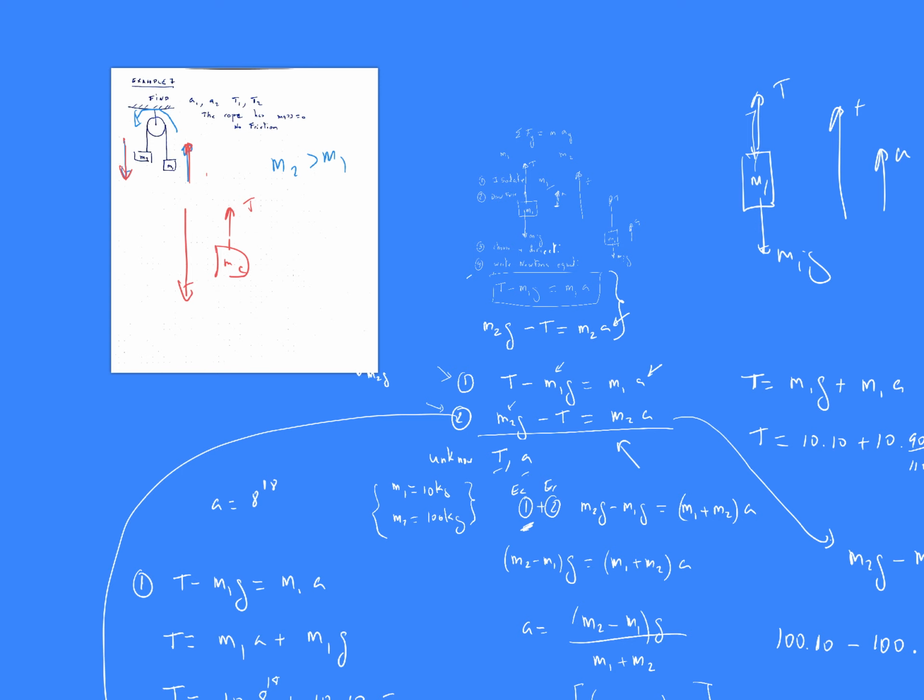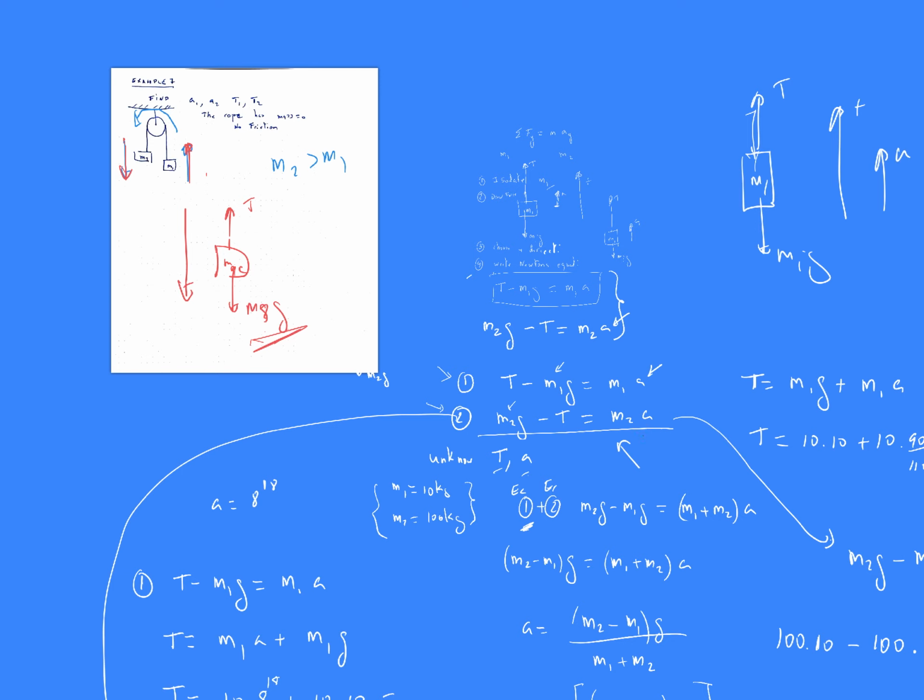So T and m2g are the two forces acting on the body. m2g is positive, so I write: positive force m2g minus the tension. The sum of the forces equals the mass times the acceleration.